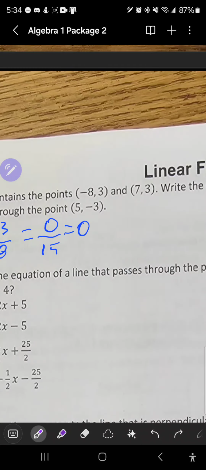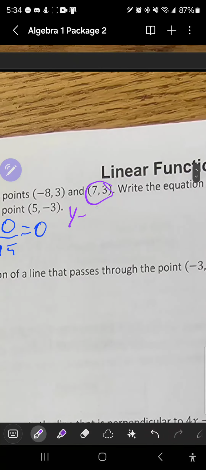I'm going to use my formula: y minus, I'm going to use this point, I think it's easier to work with, y minus 3 equals 0 times x minus 7. 0 times 7 is also 0, so we add 3 on both sides, and we get y equals 3.